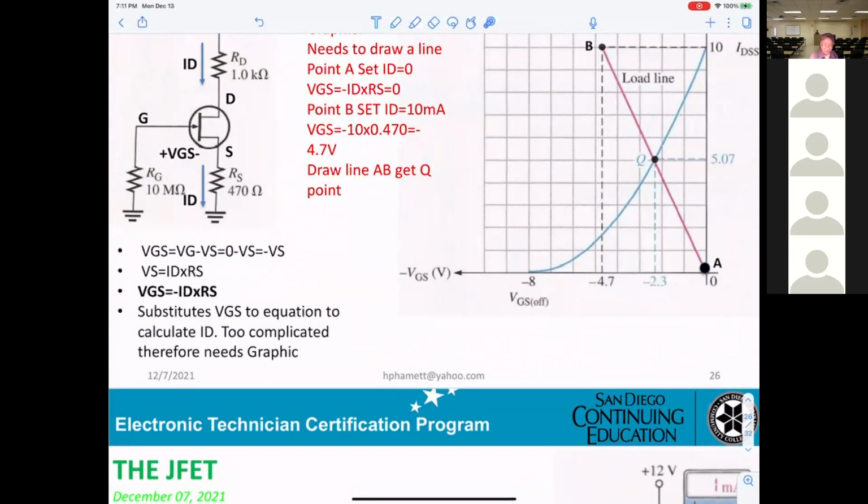And I get another question: is the JFET an on device or an off device? Who knows? Tell me. It's on. Okay, you say on device.